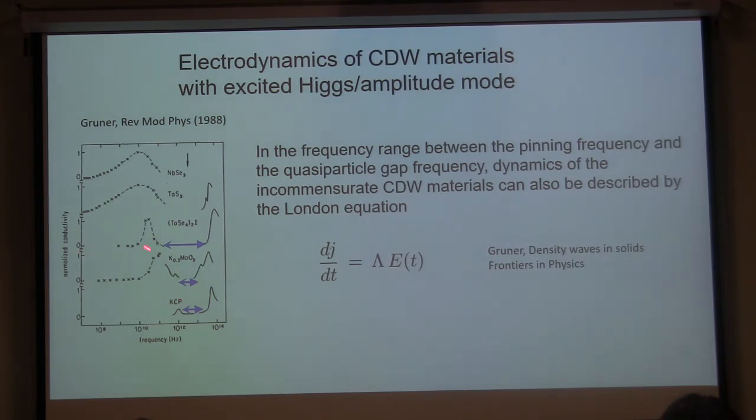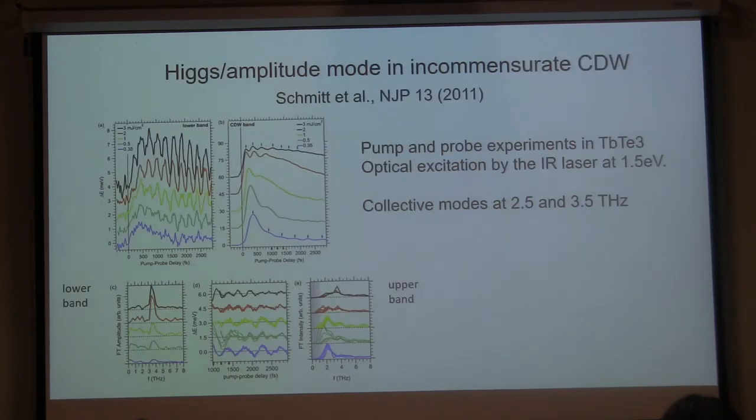But there is usually a very good separation between the pinning frequency and the quasi-particle continuum. So over about a couple of decades, these incommensurate charge density waves behave just like superconductors. They obey the same London equation. And therefore, many of the things that we discussed for superconductors, like this Higgs amplification, should be applicable to these materials as well.